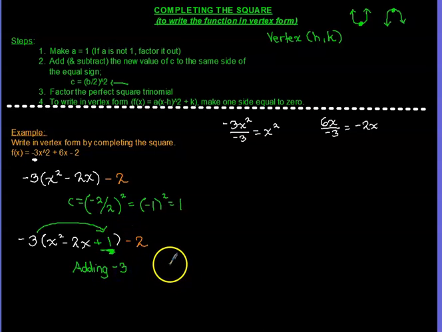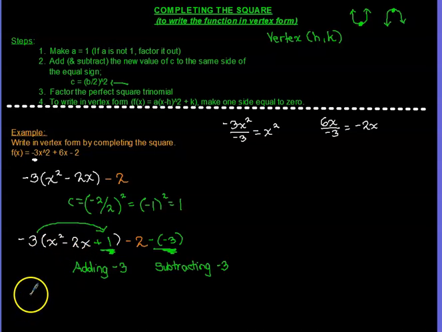So to keep that balanced on the same side of the equal sign, because I'm only working on one side, I'm going to keep it balanced by subtracting negative 3. I'm going to put that right here, minus negative 3. So I added negative 3, which means to keep it balanced, I'm also going to subtract negative 3. So just make sure that you always check for your GCF to make sure what it is you're actually adding.